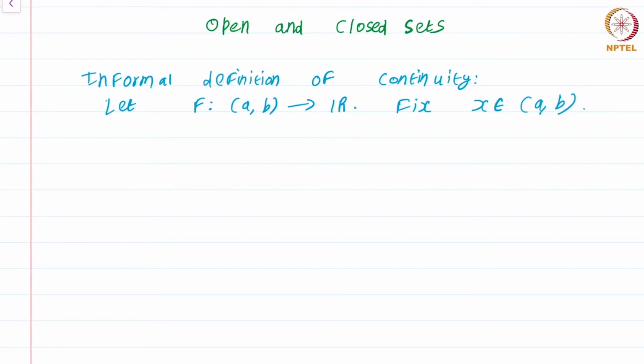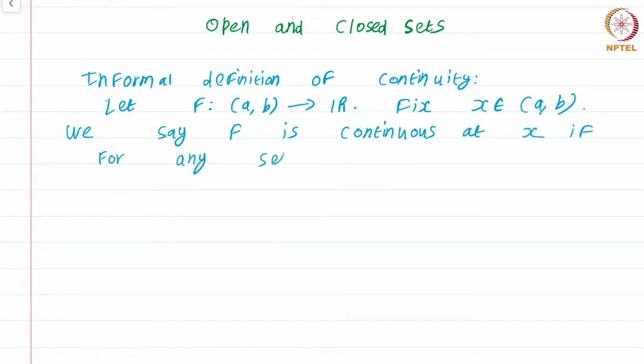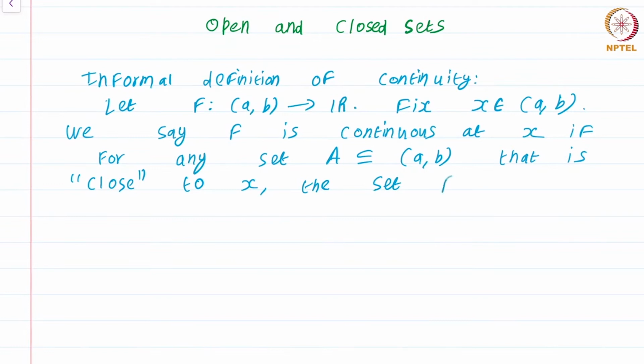So we say f is continuous at x if for any set A, a subset of (a, b), that is "close", in quotes, because we don't really know what close means, close to x, the set f(A) is close to the point f(x).